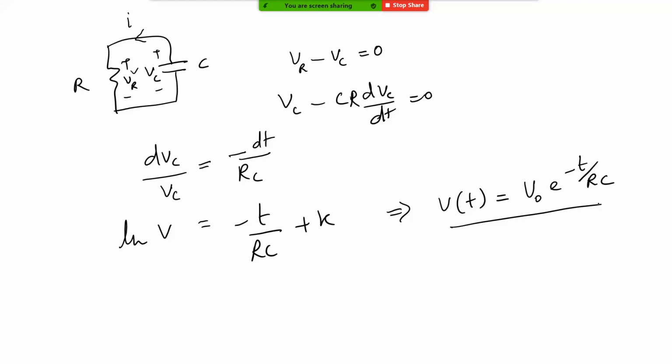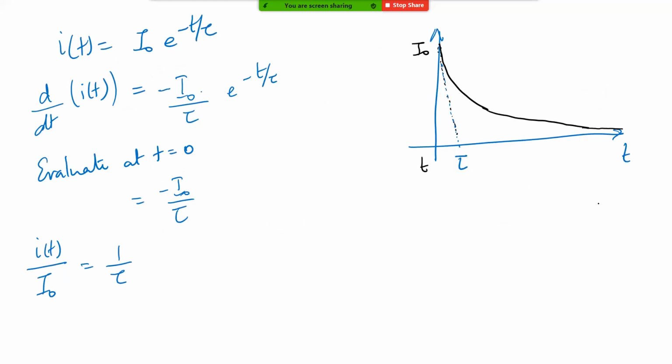So I have a doubt. Not here, in the last slide, sir. Here you said that if we extrapolate the tangent at I naught, then it cuts the time axis at time tau.